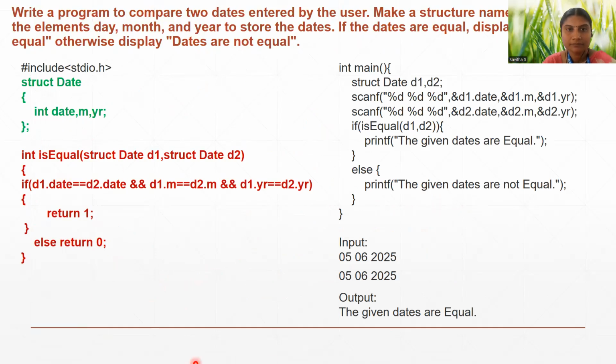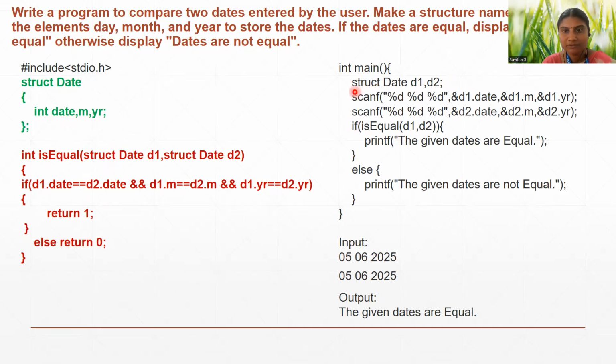Next example, we are reading two dates and we are checking whether the dates are equal or not. So struct date: date, month, year. We are reading all these data and checking whether they are equal or not.